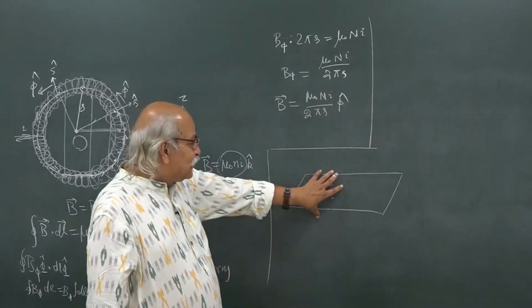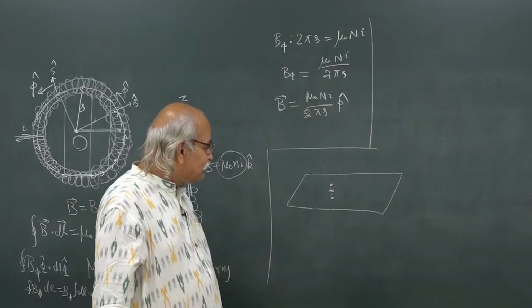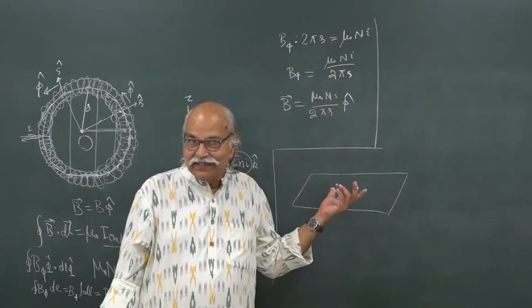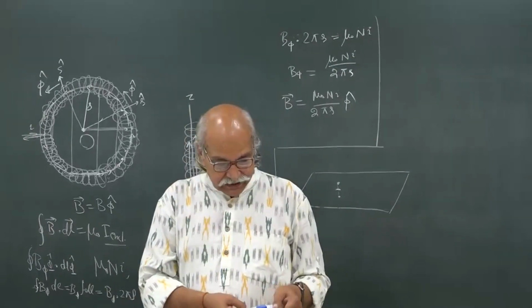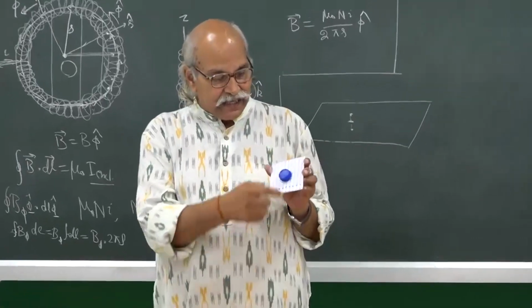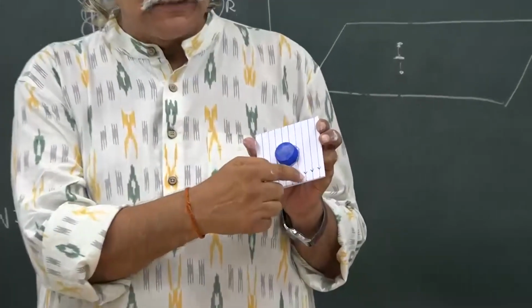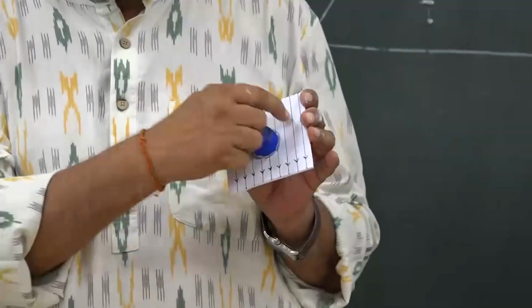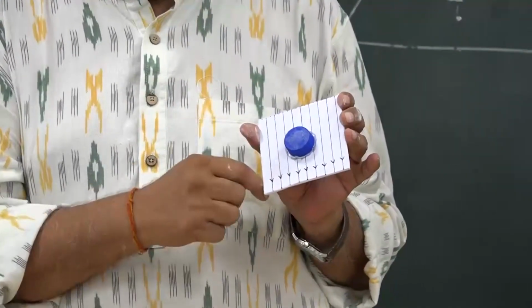Okay. So, let me do it on a model that will be easier to understand this 3-dimensional picture. And here it is, this is a surface, and these arrows that you see denote current. So, current is going on this surface like this, in this direction.